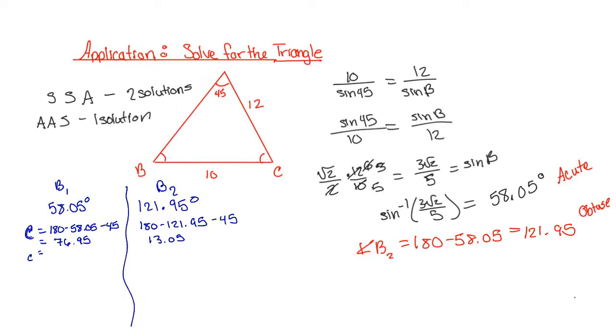And then the length for C, we can use, again, the law of sines. So we can do 10 over sine of 45 is equal to C over sine of, we'll do 76.95 first. And so we get C is equal to 10 times sine of 76.95 divided by sine of 45.